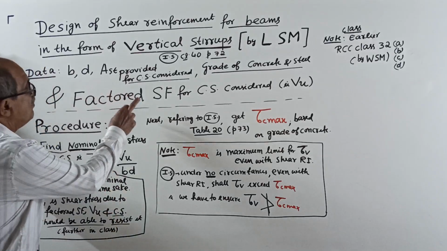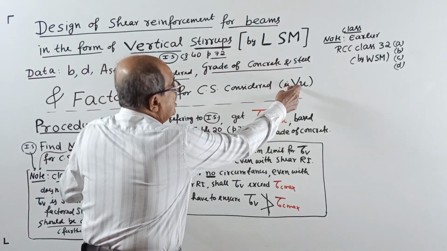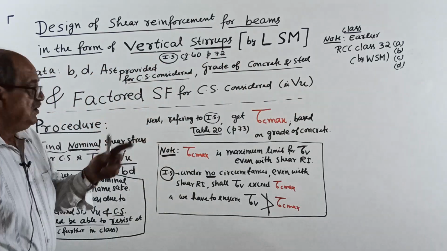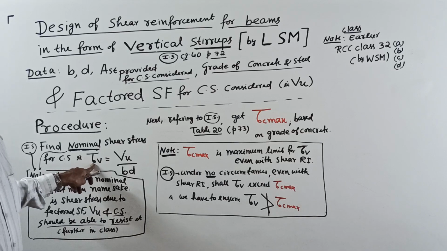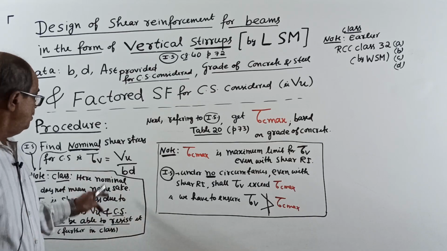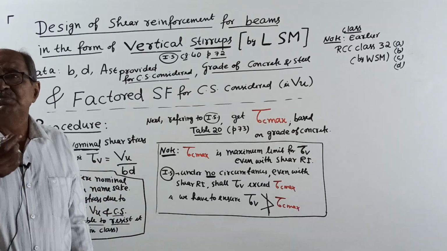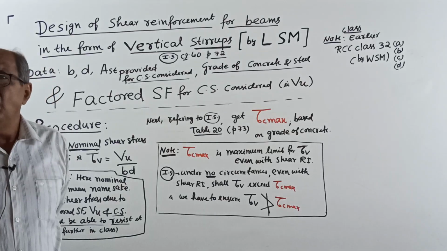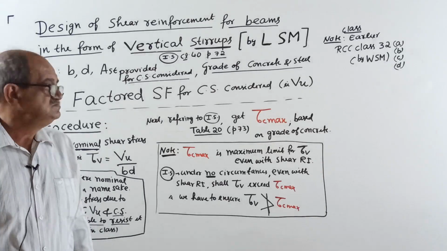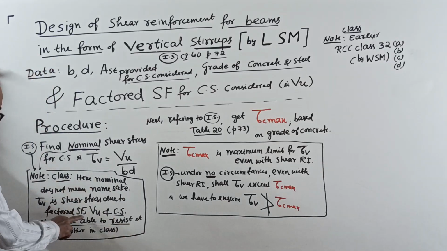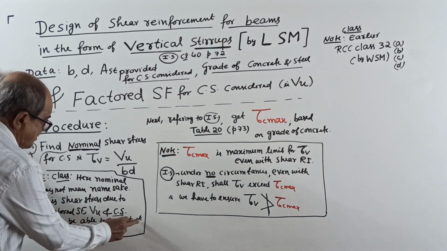See, how much factored shear force the cross section has to resist, and due to that, tau V, how much shear stress the cross section has to resist, is equivalent to how much money you have to pay, the bill amount. Or, as I told, the cross section should be able to resist it.